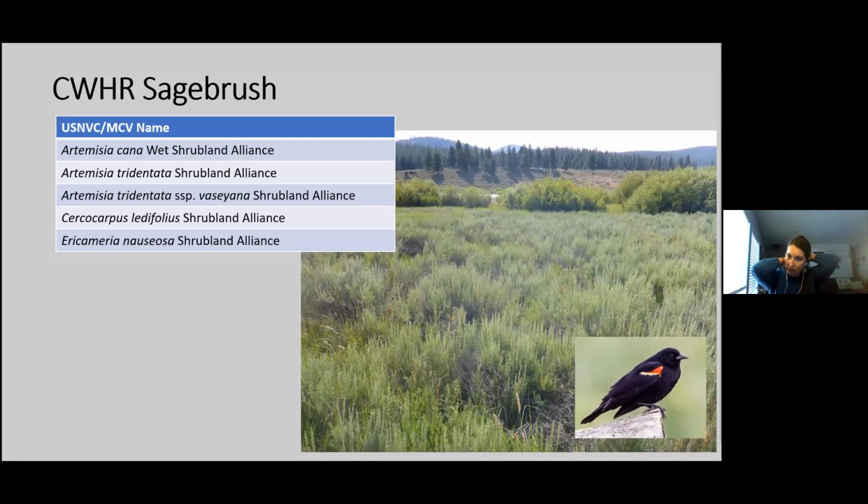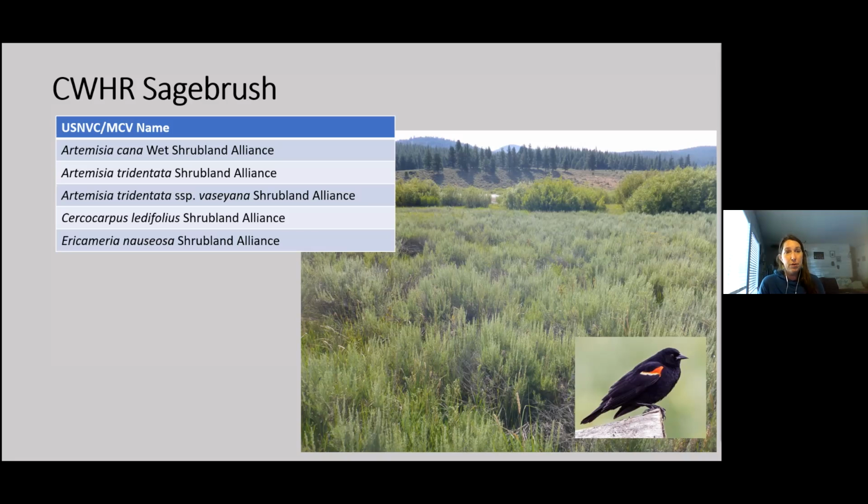So we wanted to compare how our vegetation classification system compared with the CWHR. CWHR, again, that's the California Wildlife Habitat Relationships. Their habitat classification is broader than the MCV, or the California Vegetation Classification.